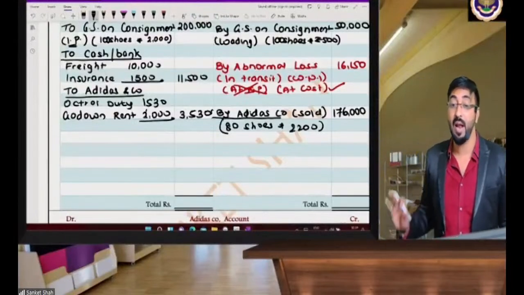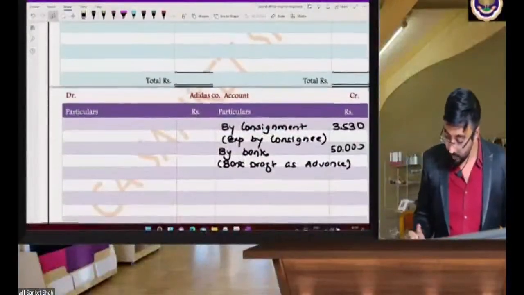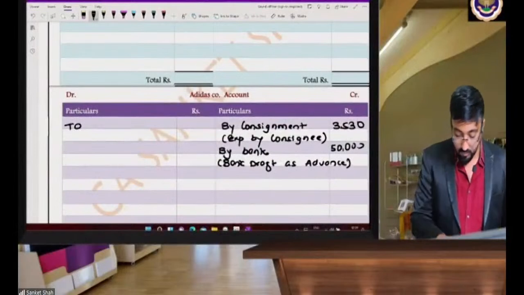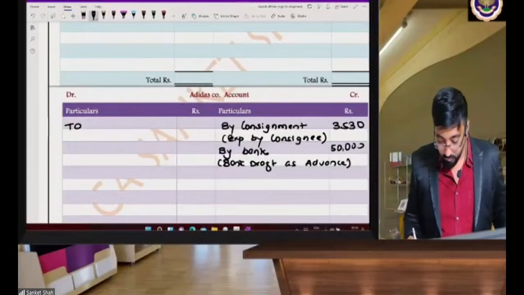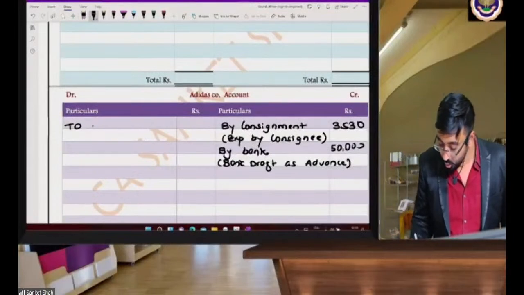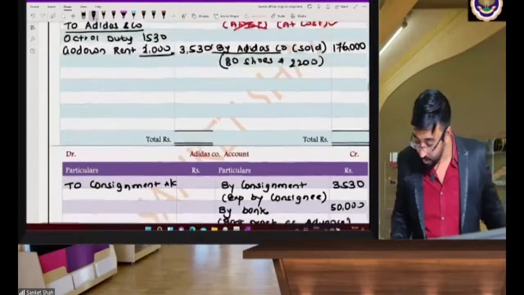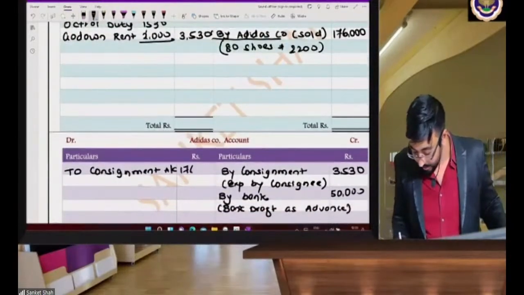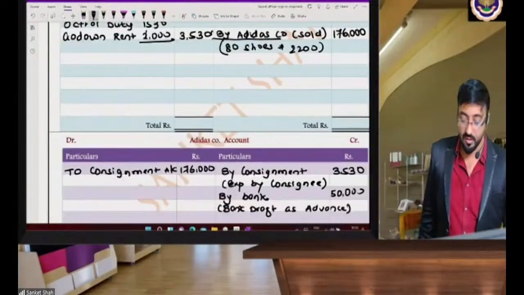Therefore, income, and income is on the credit side. And yes, beta, to consignment account, Adidas company debit 1,76,000. Yes, your questions I will solve at the end.